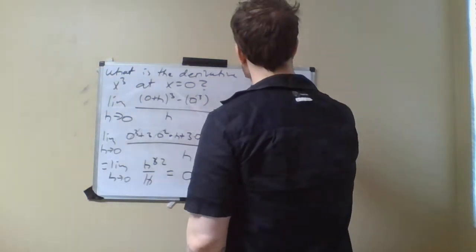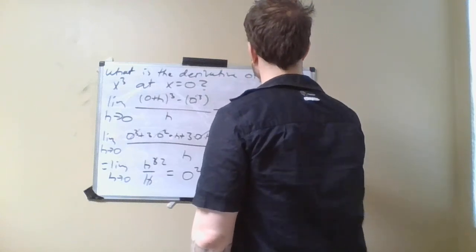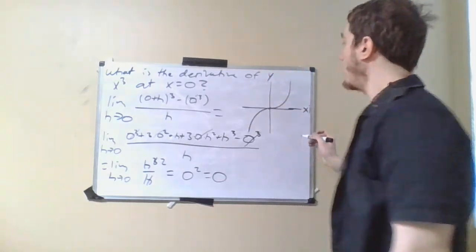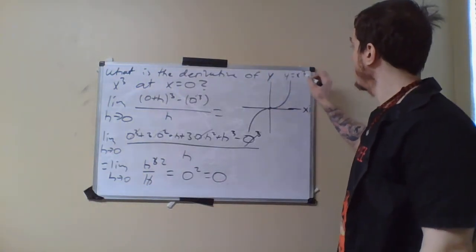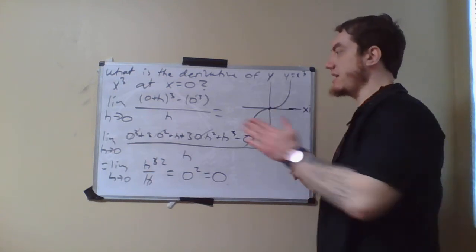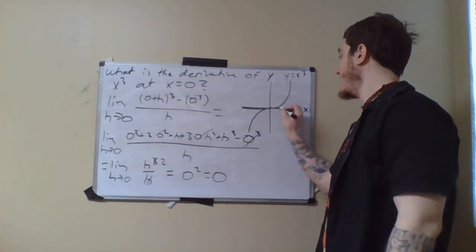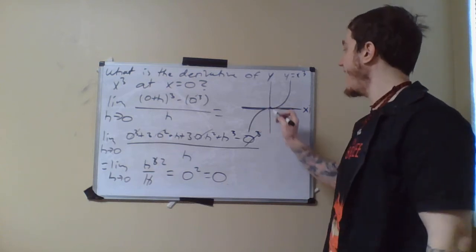This is very interesting, because think about what x cubed looks like. It looks like this. What this is telling me is that as I go through x equals 0, for one moment there, I am actually facing in a purely horizontal direction. So the x-axis is actually the tangent line to x cubed at this point.